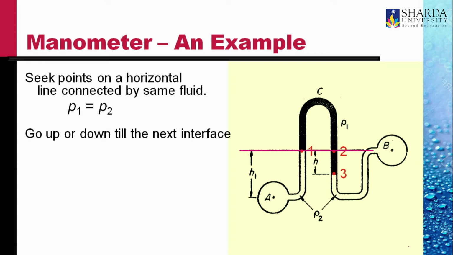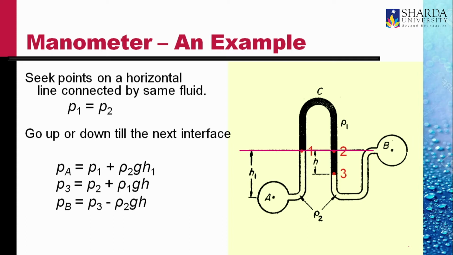We go up or down from points 1 and 2 till the next interface. In this case, PA is clearly P1 plus rho 2 GH2.